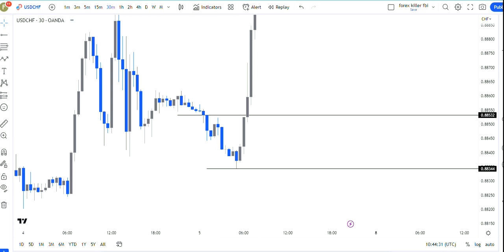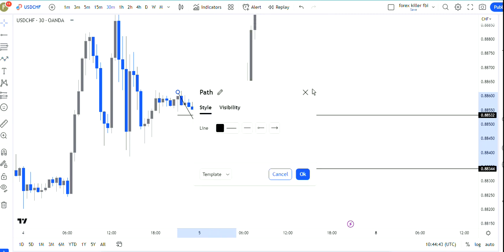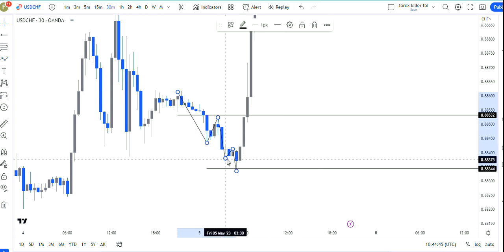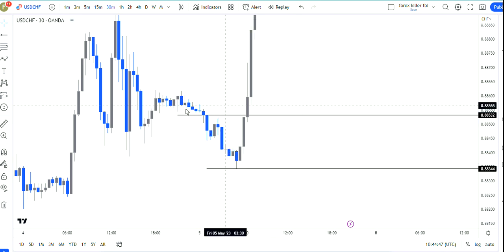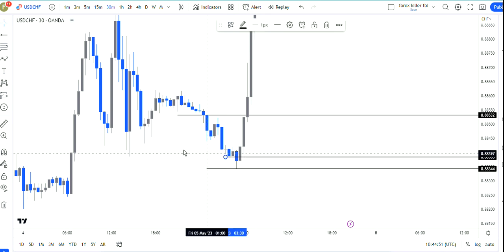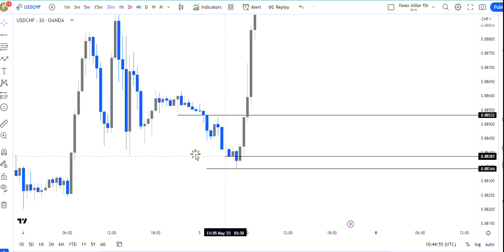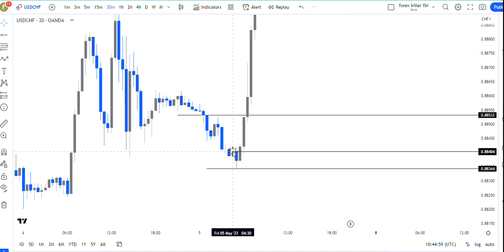At this point the market makes a swing low, swing high, then swing low, swing high, then swing low. You have this liquidity engineering around this point, and above it you have this OB here.